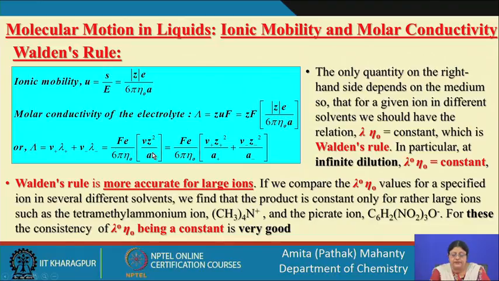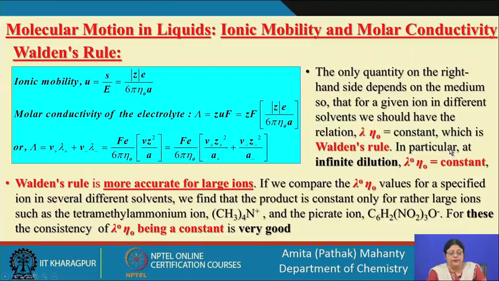So, when you have this, the only quantity on the right hand side depends on the medium. So, for a given ion in different solvents, we can write that this is a constant, lambda naught into eta naught is a constant, which is the Walden's Rule. If we want to find out for infinite dilution, where the concentrations are very low, then the molar conductance at infinite dilution into the viscosity of the solvent should be a constant.